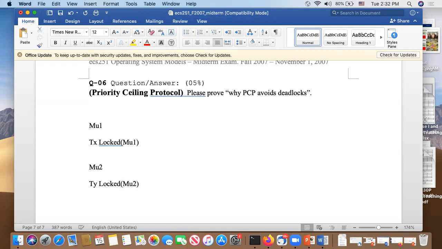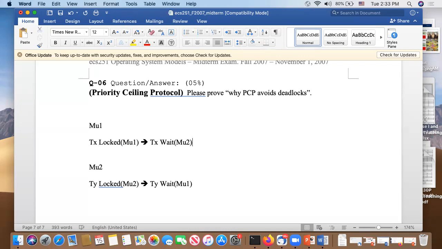This must be the case. But furthermore, thread Y wants to lock MU1, while thread X is waiting for MU2. That's how we can have a deadlock.